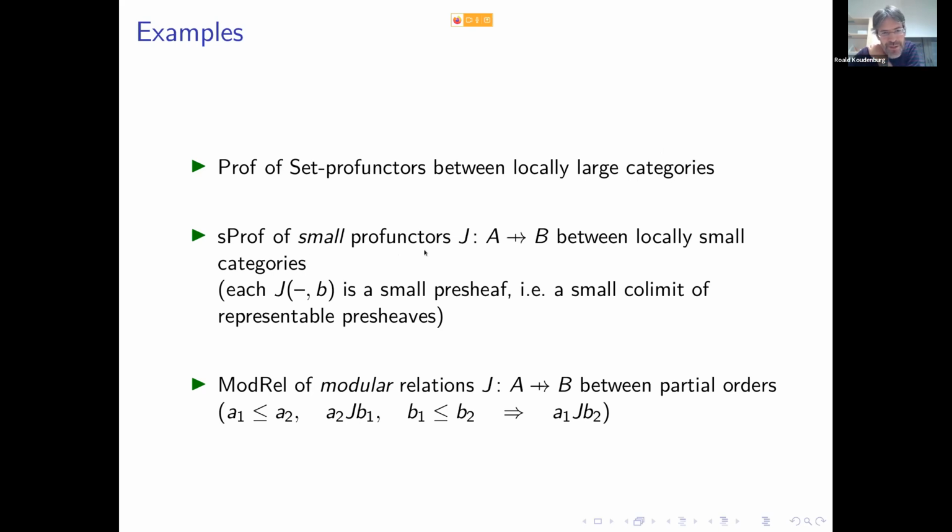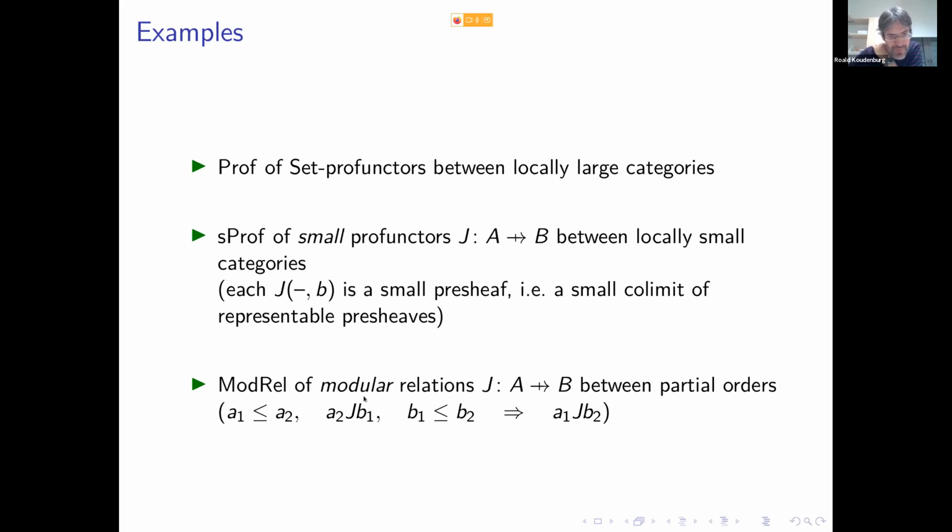By a small pro functor, J, we mean one for which if we fix an object in the target, then we get a small presheaf on A. That means it's a small colimit of representable presheaves. And the good thing about these small presheaves is that they do form a locally small category. So if we use small pro functors only, then we can use locally small categories instead of locally large categories. So S-prof is the augmented virtual double category of small pro functors and functors between locally small categories.